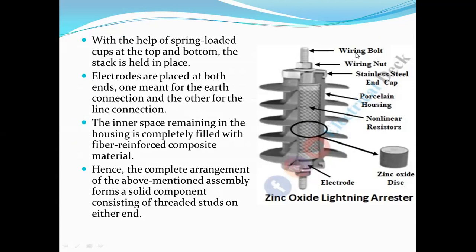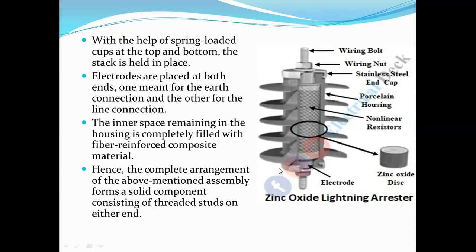You can see here that the zinc oxide or metal oxide arrestor is this. It is coated for insulation purposes, and that is the porcelain housing. We are using polymer or porcelain as an insulating material, and non-linear resistors are there.